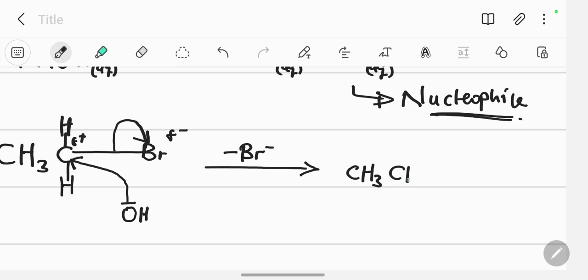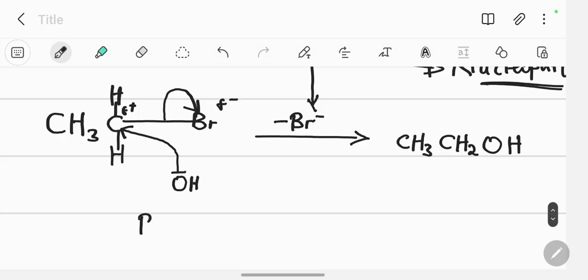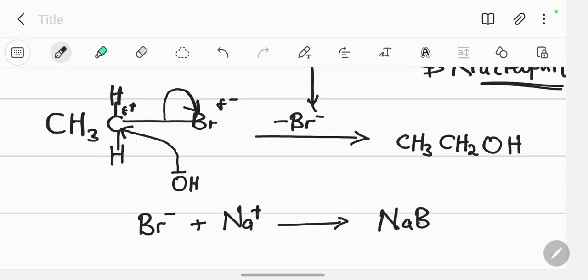And we end up with CH3, CH2, and OH there. So this sodium and the bromine are going to react. So the lost bromide ions and the sodium ions will end up reacting, forming sodium bromide.